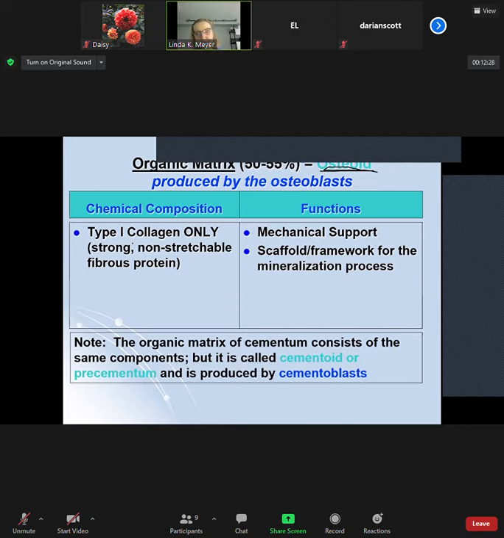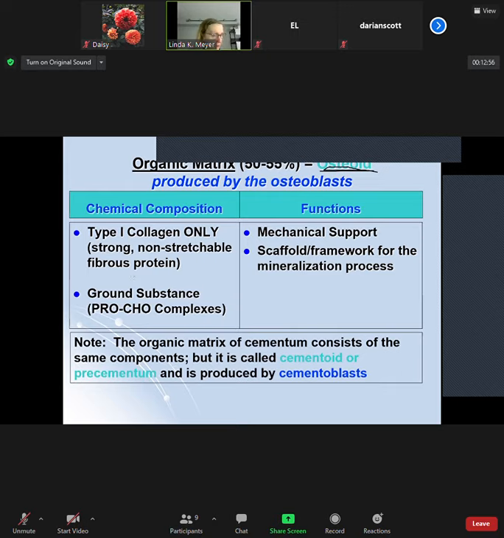Our whole skeletal system provides that mechanical support. So it makes sense that the strongest fiber type makes up the bone. And then in addition, there's ground substance that's just the same thing as we saw in connective tissue proper and in the PDL, protein carbohydrate complexes.